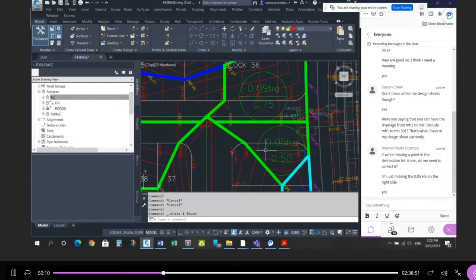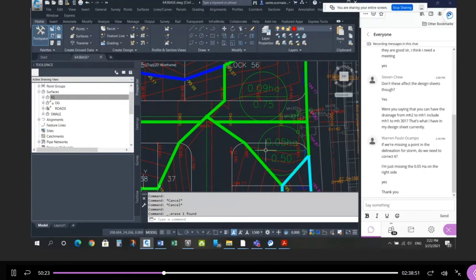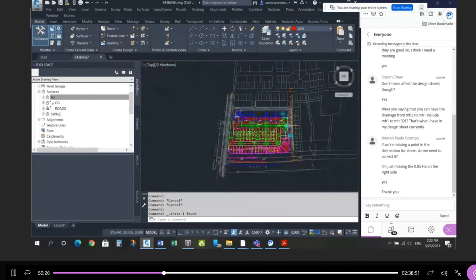So you'll all have the same pipe sizes and slopes for the most part. You'll just have different actual flows depending on how you drew your drainage areas. Does that answer your question, Warren? I hope. Okay. Any other questions about storm?